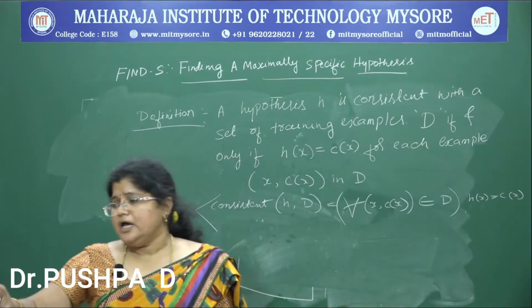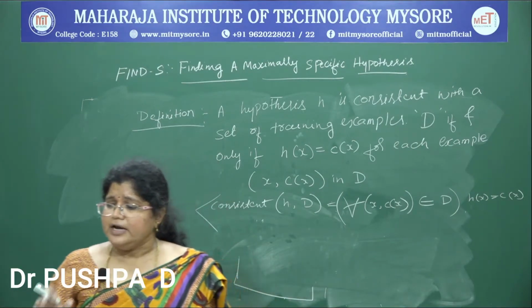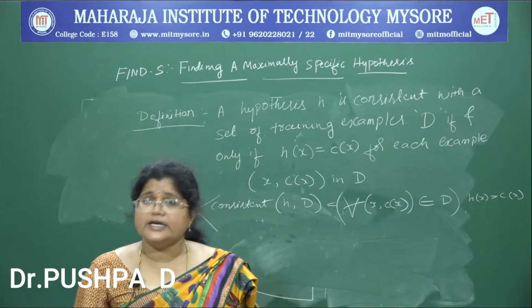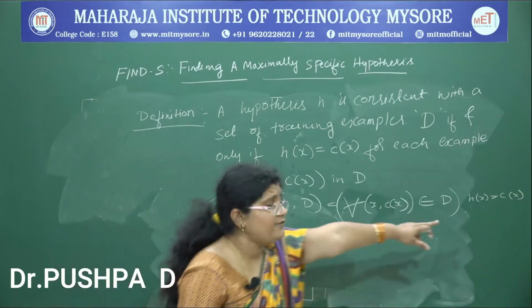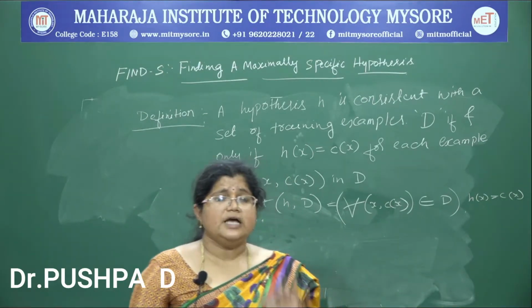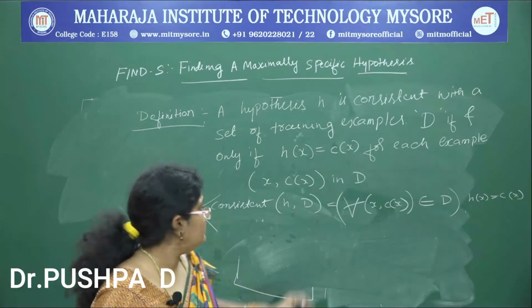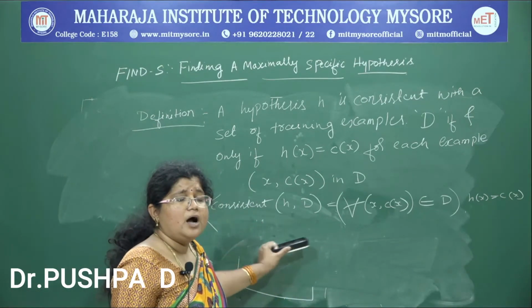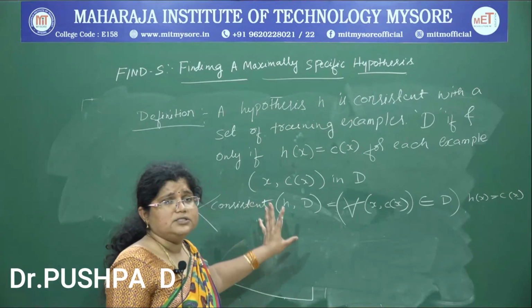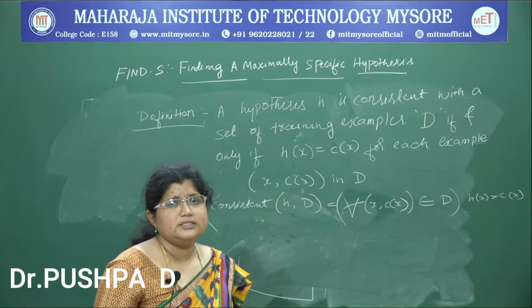Regardless of whether it is a positive or negative training example, the target concept c of x must be equal to h of x. The candidate elimination will depend on this concept, checking the consistent hypothesis.